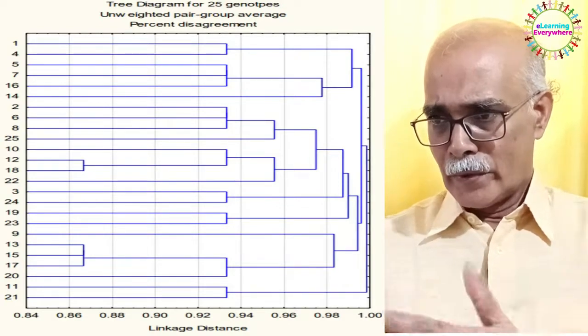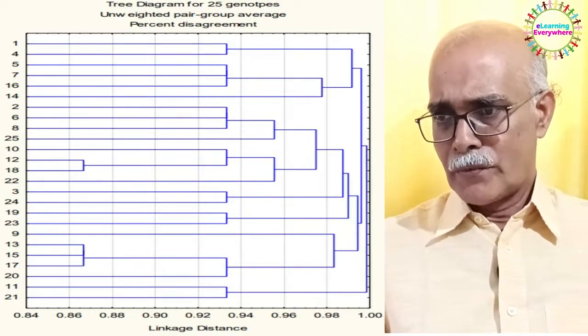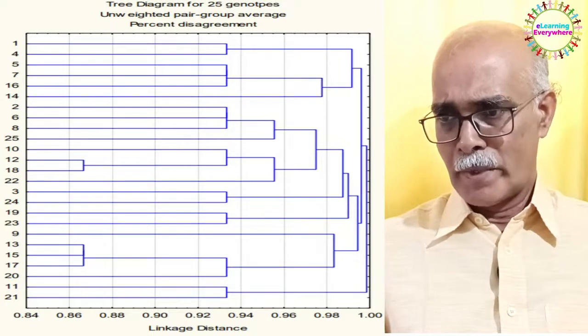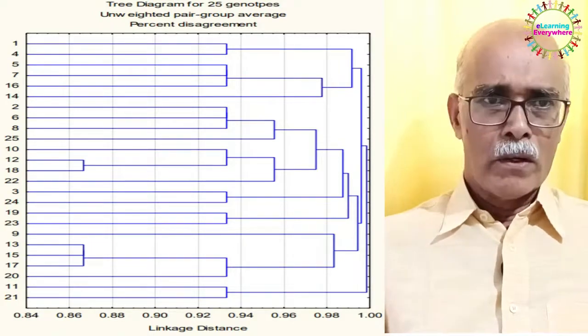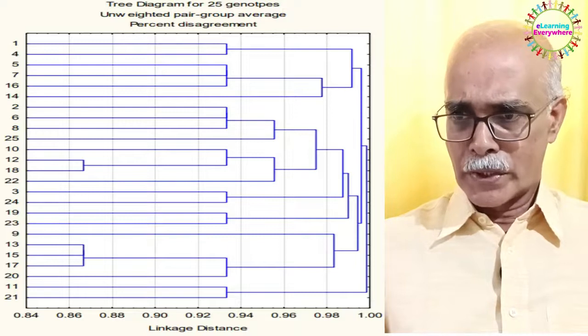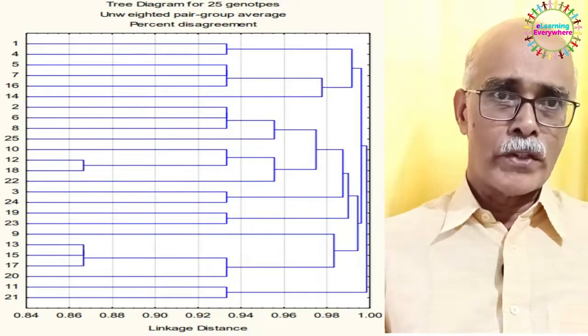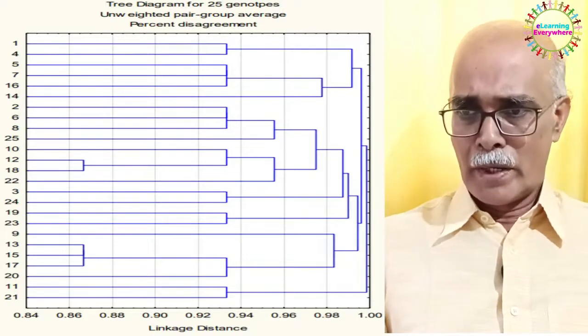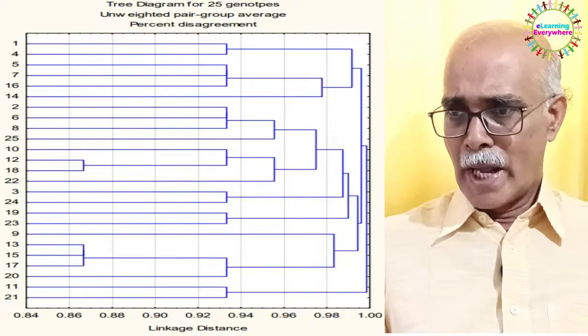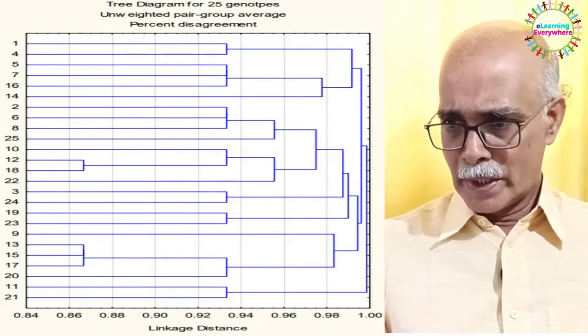And when you go to analyze all the different subclusters of the major cluster, in the case of the first subcluster, which consisted of genotype 1 and genotype 4, the branching occurred rather earlier.